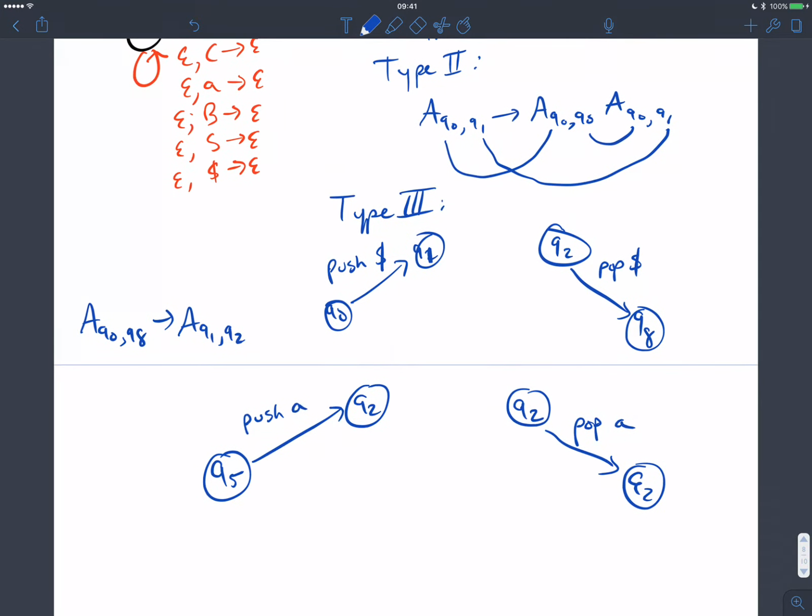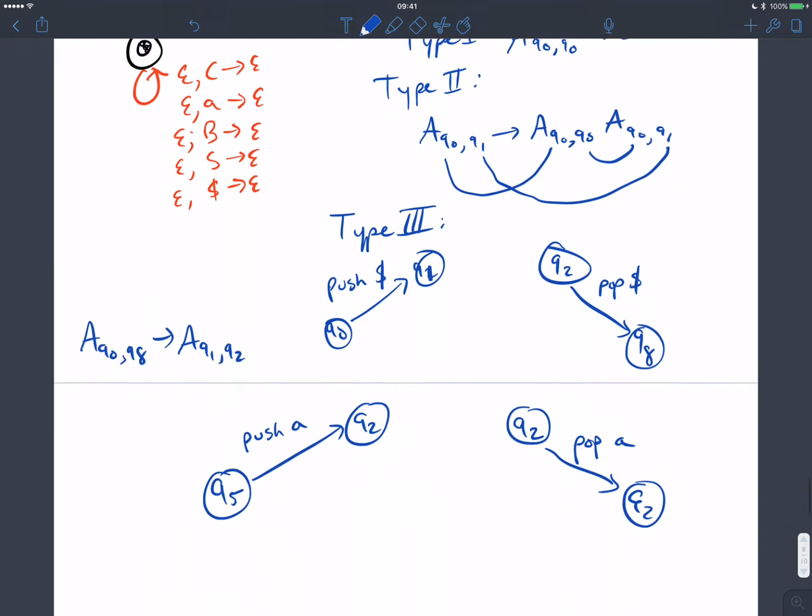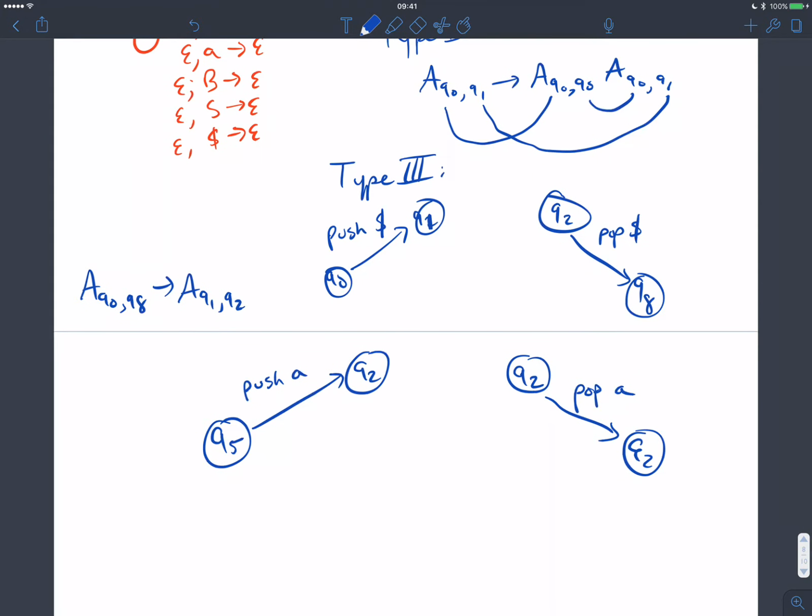What does the Q5 to Q2 transition read? Nothing.